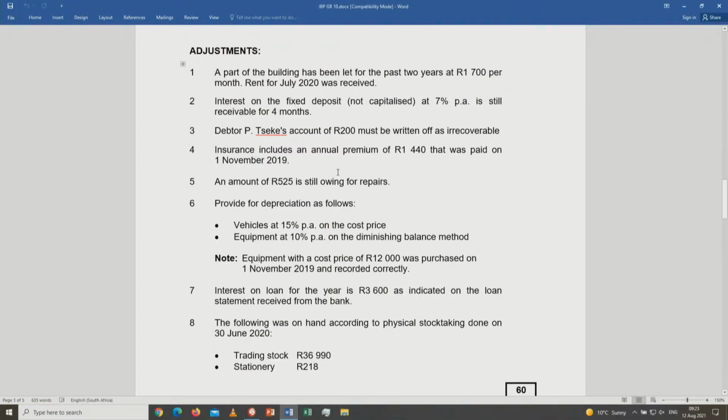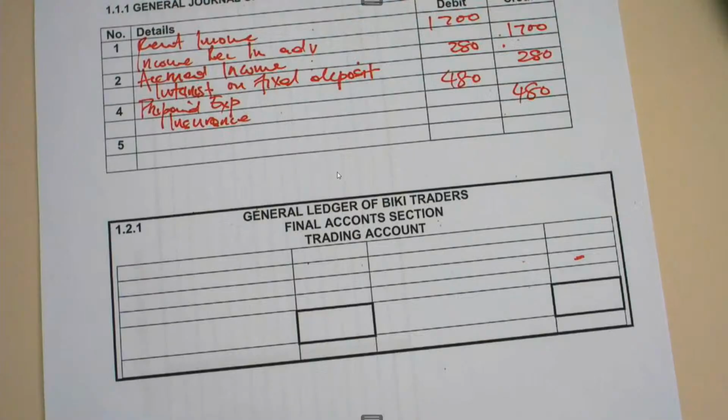Let's look at the last adjustment, number 5. Number 5 says an amount of 525 is still owing for repairs. People, repairs is an expense account. Any expense account that we still have to pay, that we are owing, is accrued expense. Accrued expense is a liability type of account.